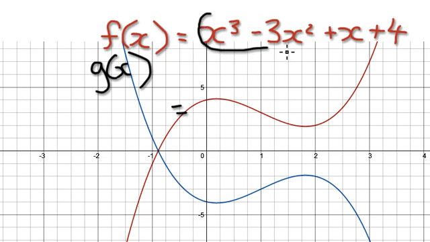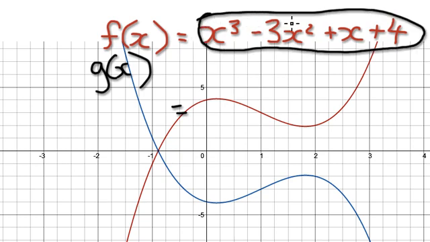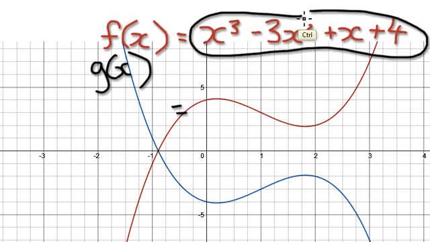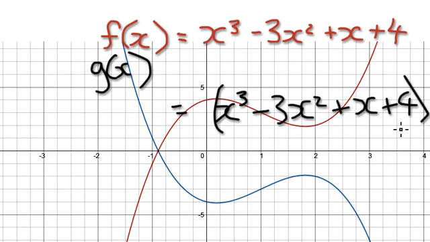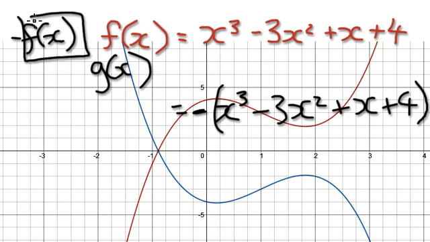Take your whole thing down here. It's you working out the whole thing first, and then you stick a minus in front of it because you're applying this transformation. So you would do the whole thing first and then stick a negative in front of it.